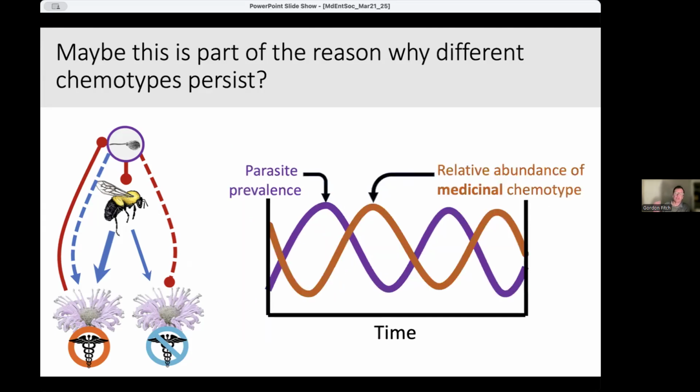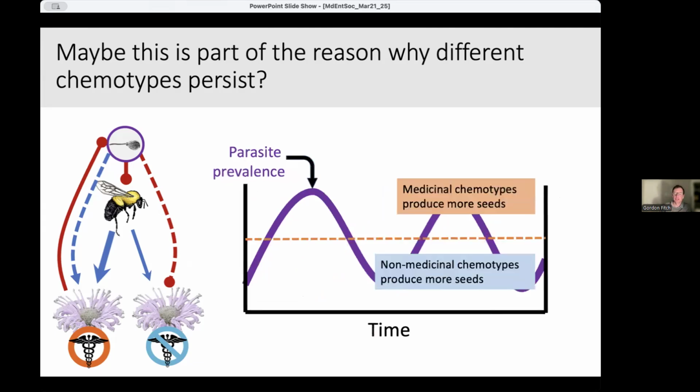And so their relative abundance in the population would increase. That would mean, though, that there's less of this medicinal effect in the landscape, and that could allow the parasite population to increase, at which point now the bees are favoring these medicinal plants, which in turn would lead to a reduction in the parasite loads, which then would push the bees' preference back towards non-medicinal plants.